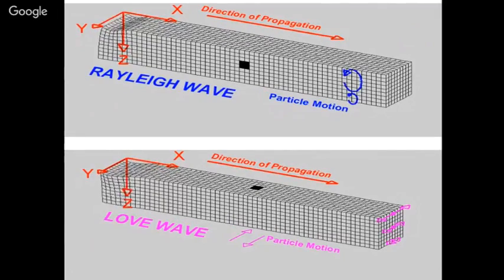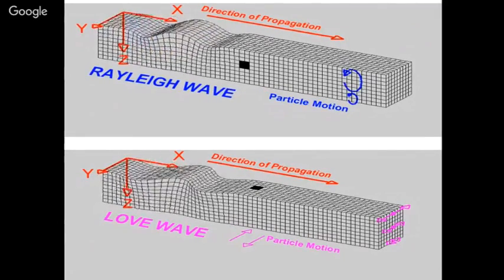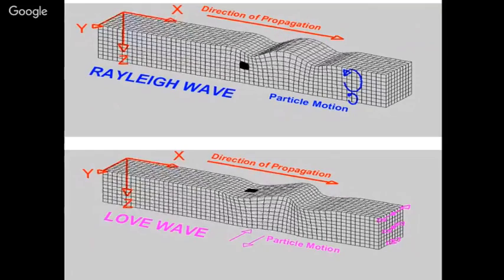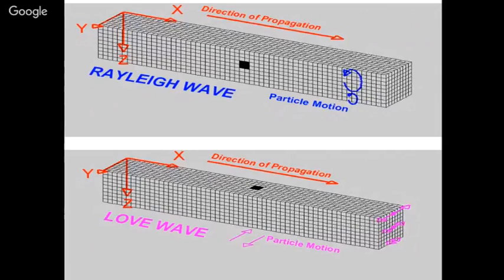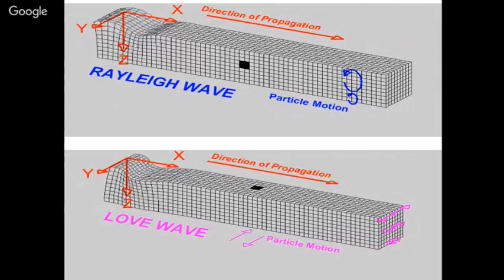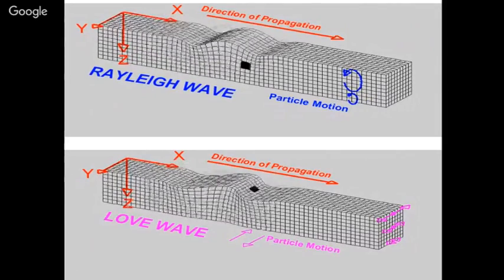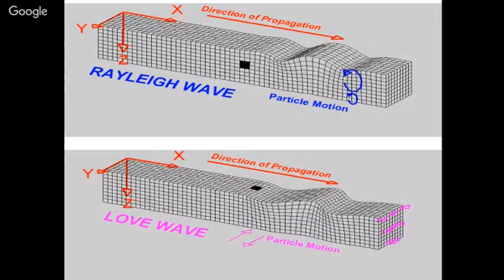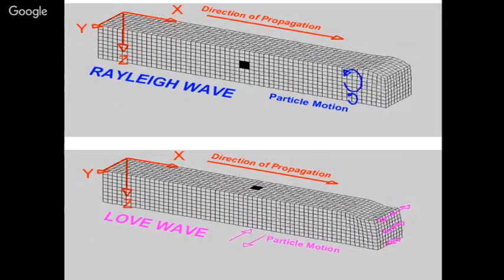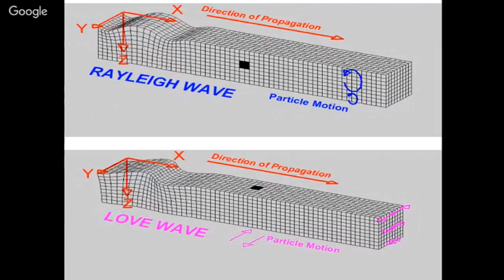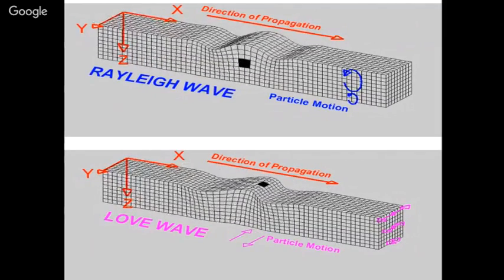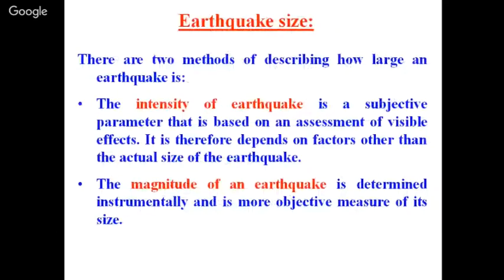Now the Rayleigh wave is a combination of elliptical motion and translation, depending upon the height from top to bottom. And the fourth one is the Love wave, which is a different kind of vibration movement as compared to the Rayleigh wave, because the Rayleigh wave shows a completely elliptical path at the top layer.